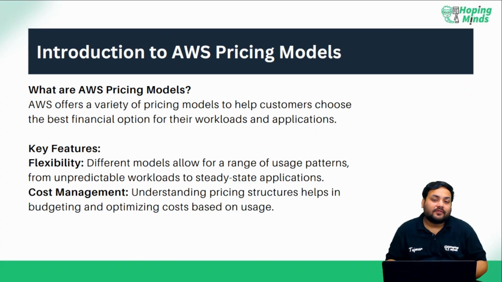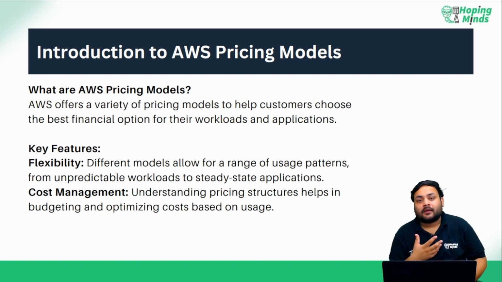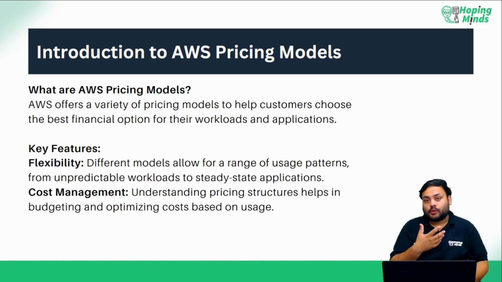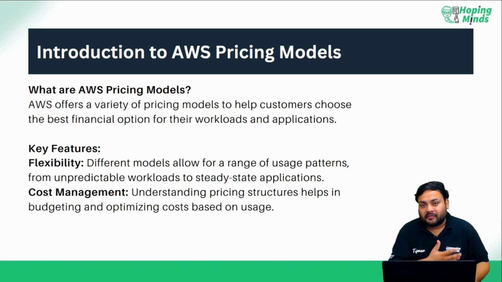So in this session, we are learning about the AWS pricing model, and we will try to understand what exactly the model is which AWS uses in order to give you the cost of the services you are using. So first of all, let's understand what the AWS pricing model is. AWS offers a variety of pricing models to help their customers choose the best financial options.